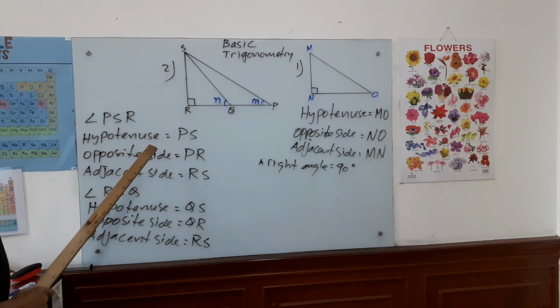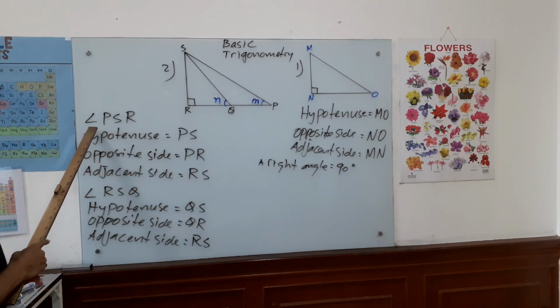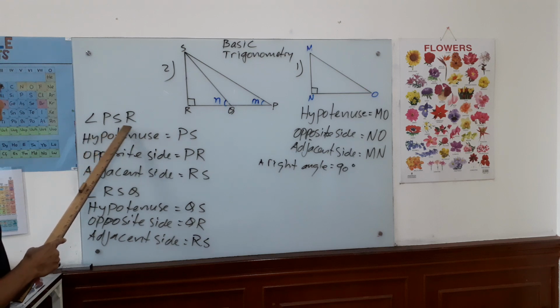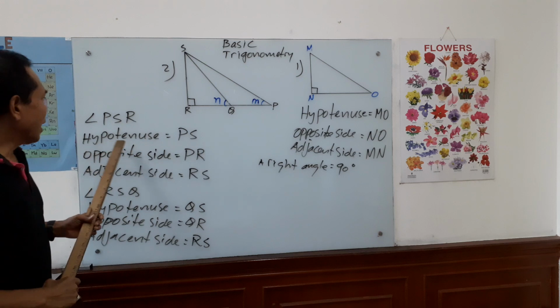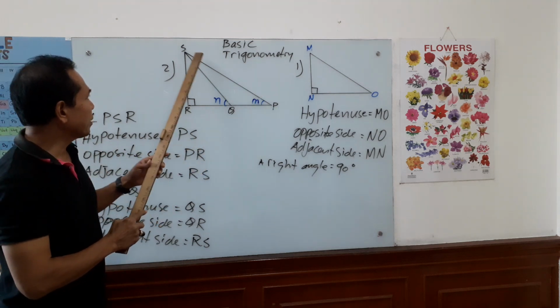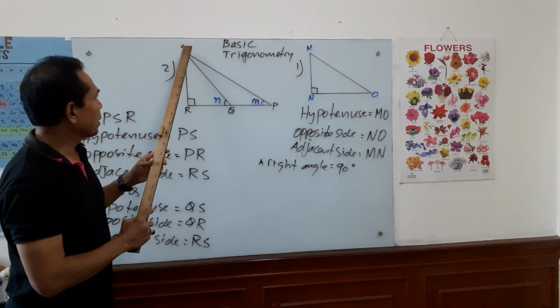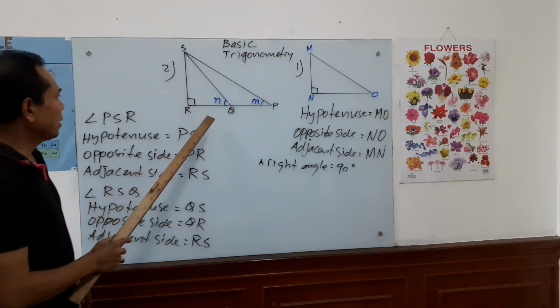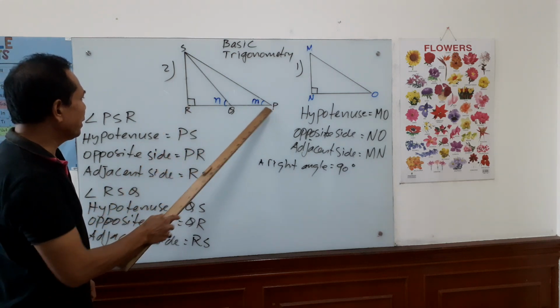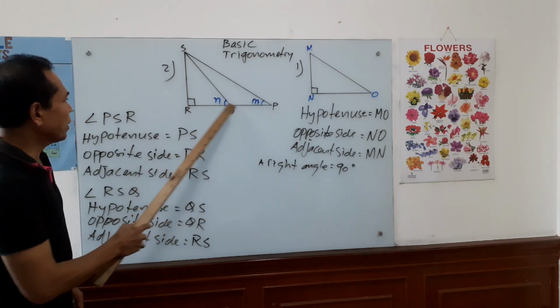Now we look at the angle PSR. Our hypotenuse is PS. This sloping side PS. And the opposite side is here. PR is the opposite side.